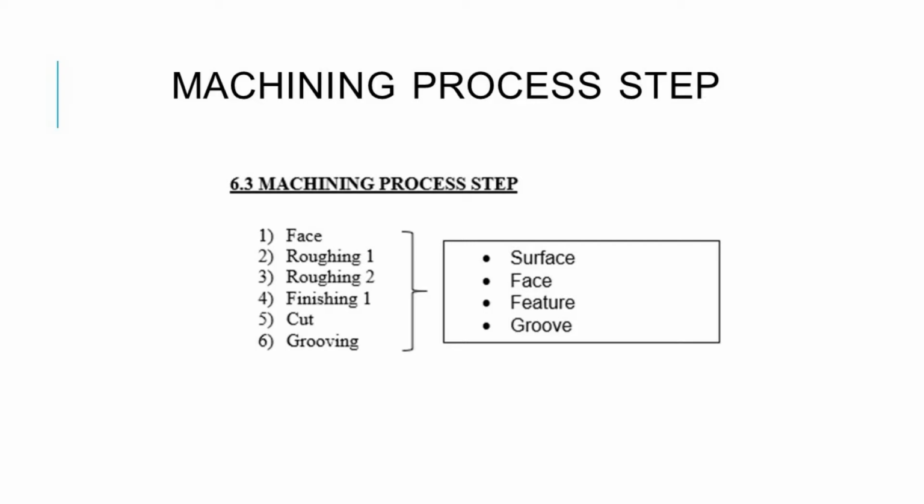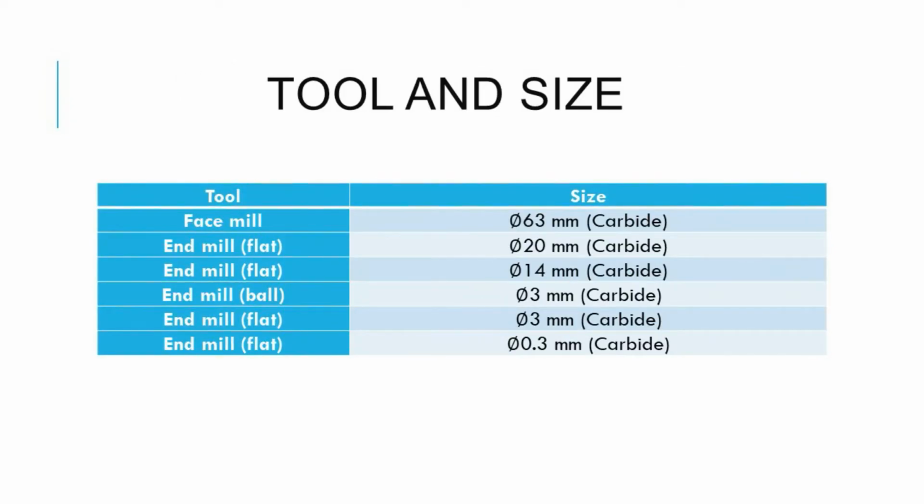The first one is surface, facing, feature and groove. Here we have the tools and size table. On the left side we are using a face mill, a flat end mill and ball end mills, and on the right side of the table we put the size of the tools and materials.